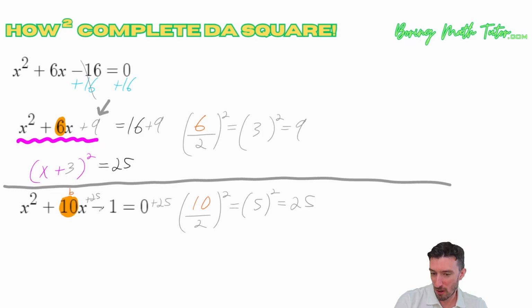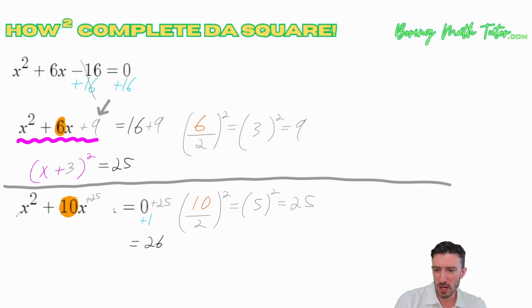Now, I also need to move over that minus 1, just like last time we had the minus 16. So if you have a number like that in your way, you're just going to have to add it or subtract it just to get it out of the way, cancel it out. So the right side is now 1 plus 25, that's 26. The minus 1 and the 1 cancel out, so let's just remove them.